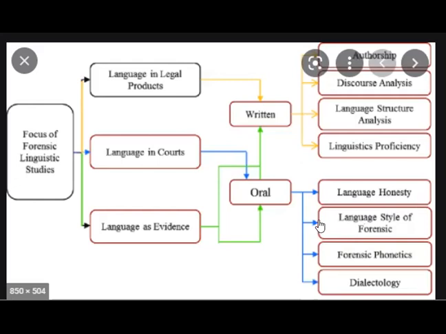So you also look at the forensic style, language style, and also the forensic phonetics, which is very famous and important in forensic linguistics.